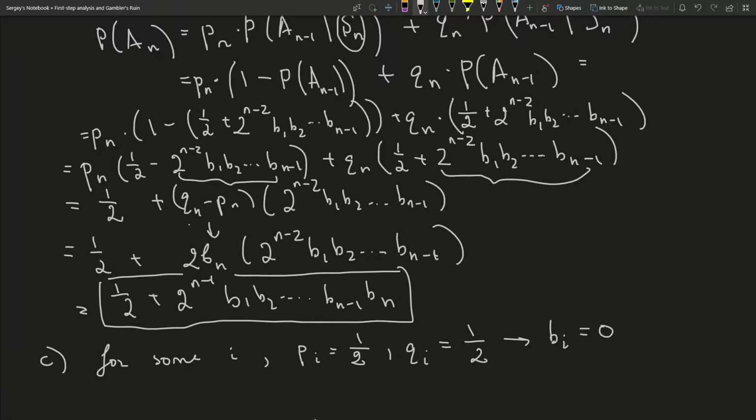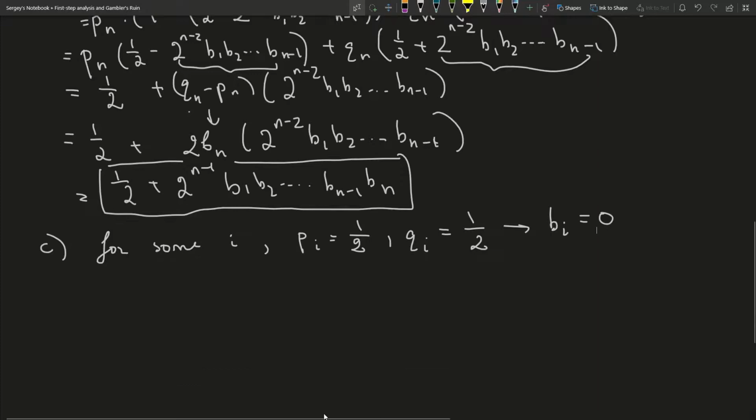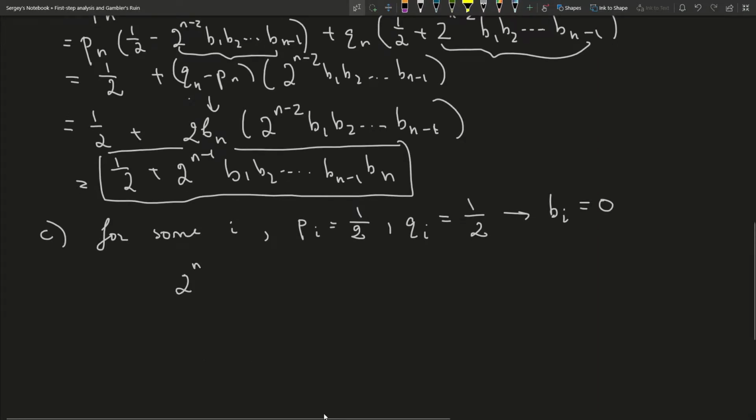And if one of the bi's is 0, then the whole expression 2^(n-1) b1 b2 dot dot dot bn minus 1 bn becomes 0. And so the probability that out of n trials we have an even number of successes becomes 1/2. So if even one of these n trials has a probability of success being 1/2, then out of the total n trials, the probability that there is an even number of successes is 1/2.